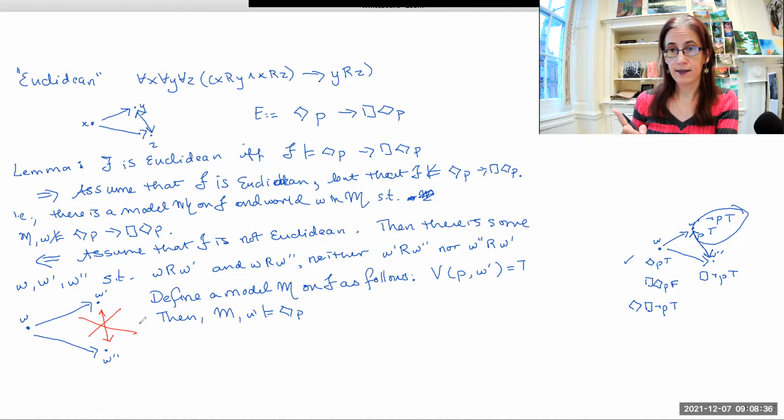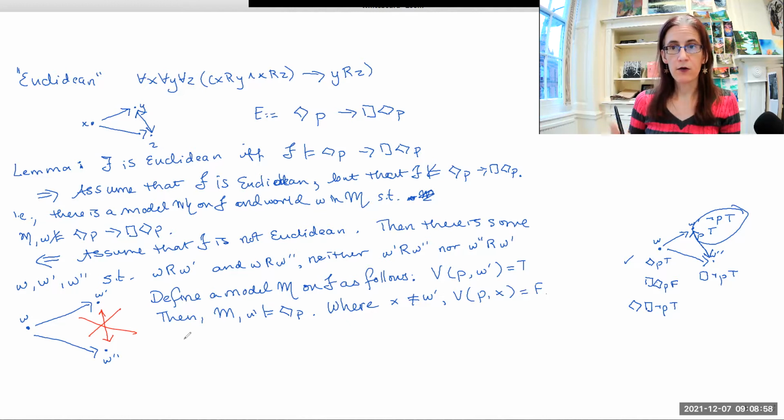So that gets us the antecedent of our conditional. Also, we want it to be the case that where X doesn't equal W prime, so all of the other worlds in the model, the value of P at that world will be false.